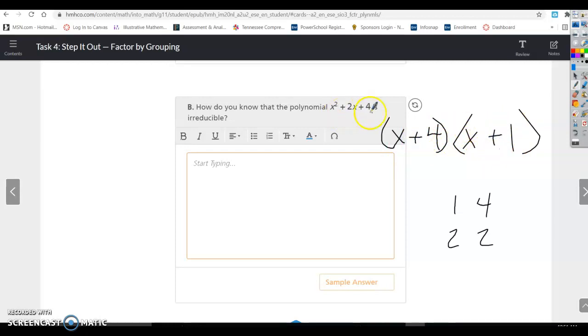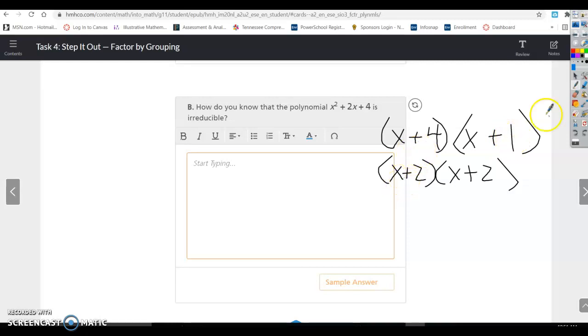They have to be plus because both those are plus, or it has to be 2 and 2. And if you work these out, you'll see that neither one gives us what we started with. So for the top one, x times x is x squared, plus 1x plus 4x is 5x in the middle, not 2x, and then plus 4.